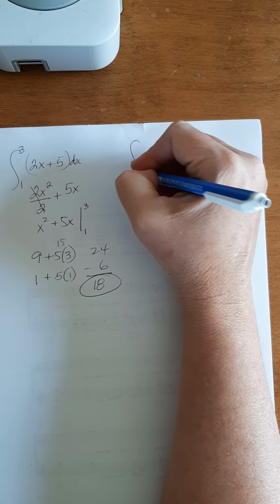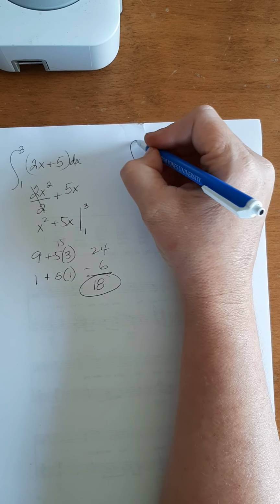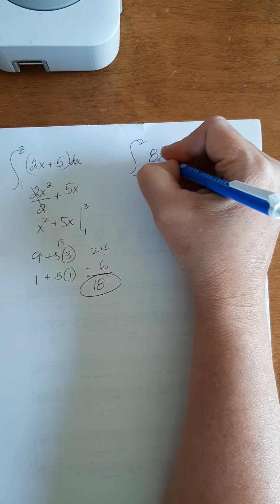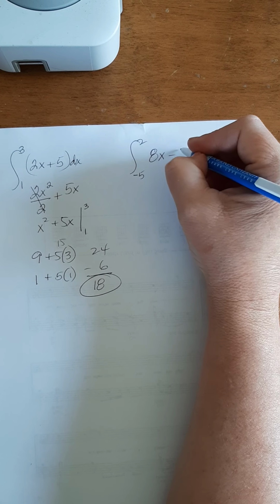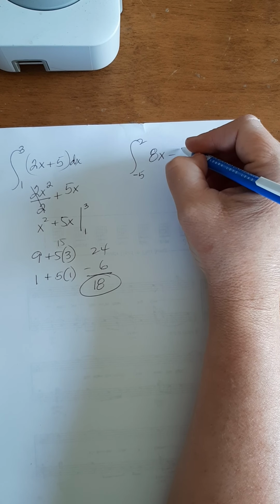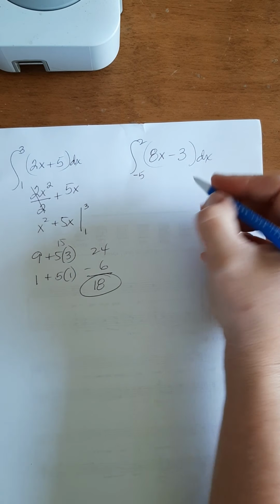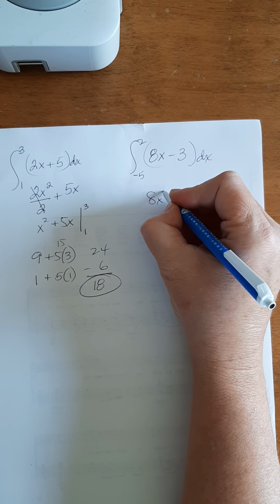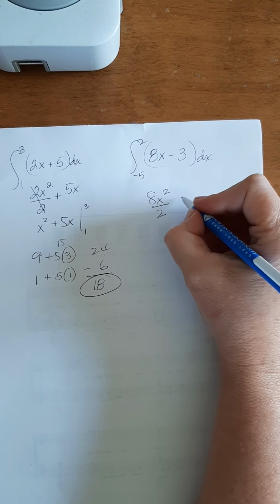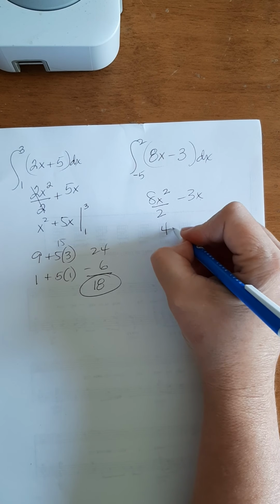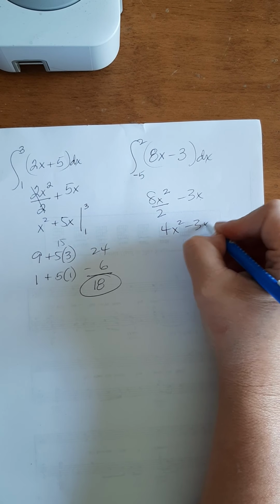But no matter what, let's say if I gave you negative 5 and 2 of 8x minus 3. Same thing. Add 1, divide by the new exponent. Constants, add an x. So 4x squared minus 3x.